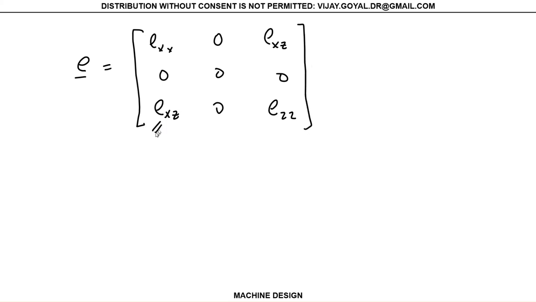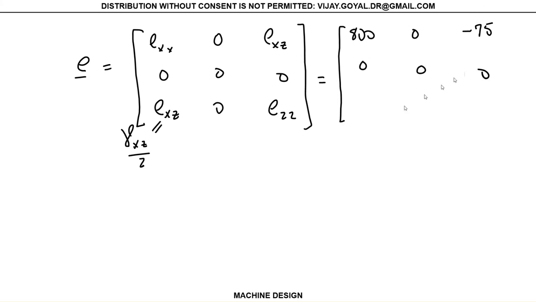Just don't forget this is gamma XZ divided by 2. This is how we represent this here. So your state of strain is 800, 0, minus 75. Remember, half of what we have, 0, 0, 0, minus 75, 0, and then this is 500. Oops. This is minus 150. This is 250.